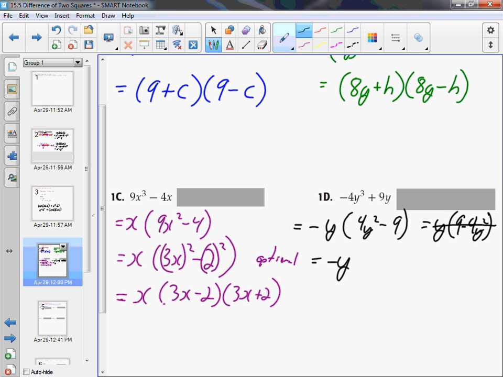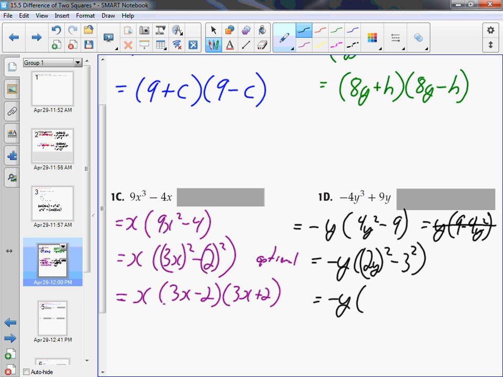Is what's left in the parentheses a difference of two squares? Yeah. It's 2y in parentheses squared minus 3 squared. And again, that step's optional.